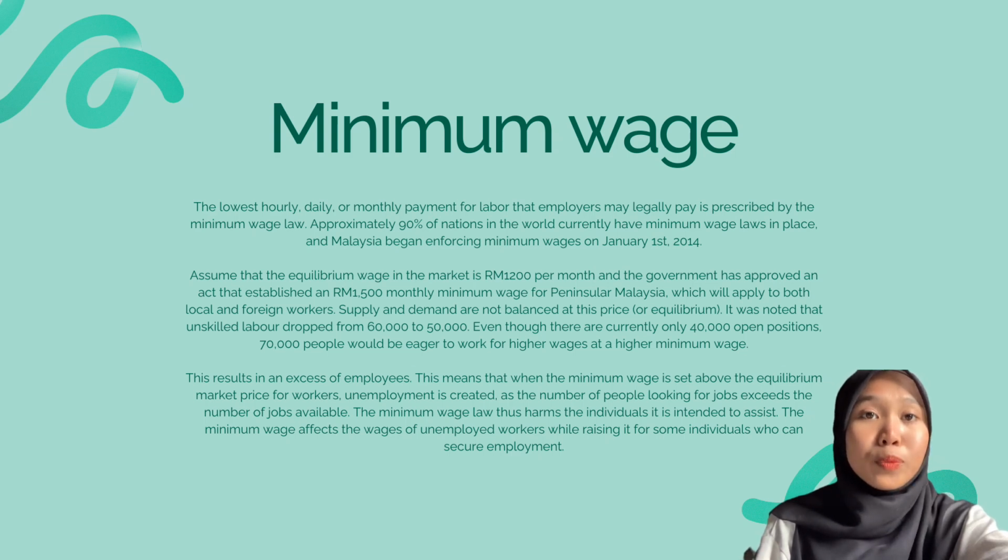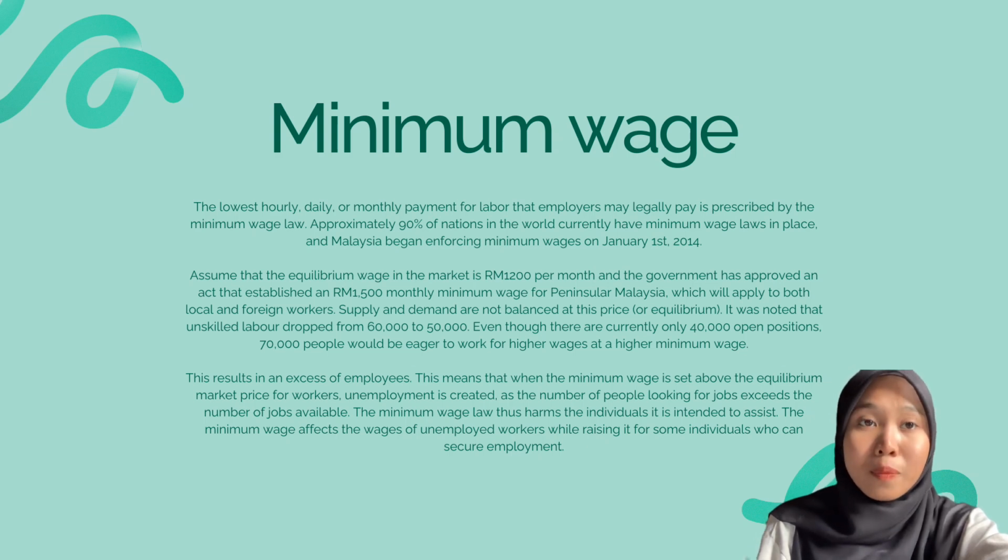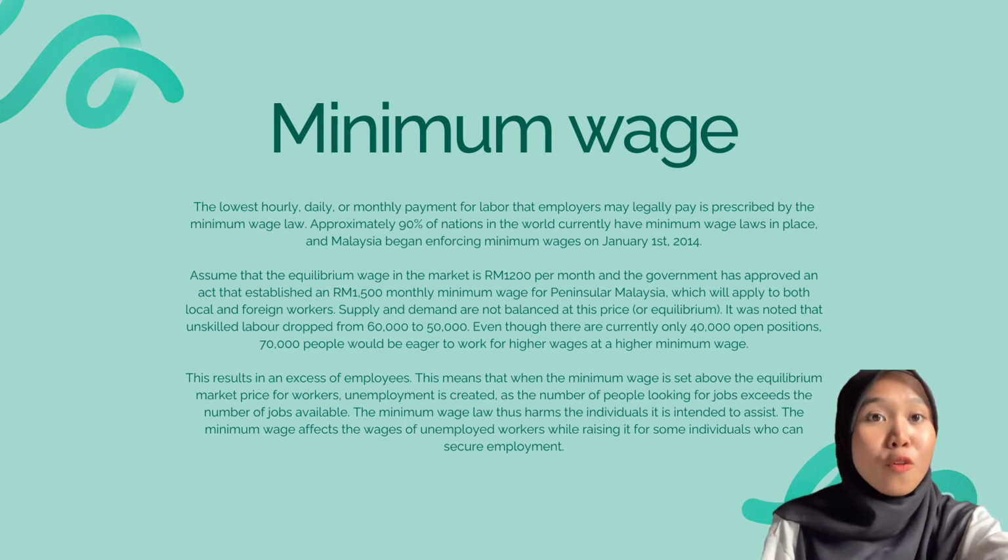This caused unemployment as more workers sought jobs than there were available positions. When the minimum wage exceeded the market rate, it led to an excess of job seekers, creating unemployment. The law intended to help individuals ended up harming them by affecting wages for the employer and making it harder for some to find work.